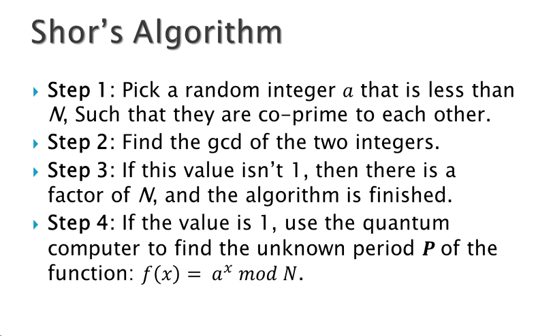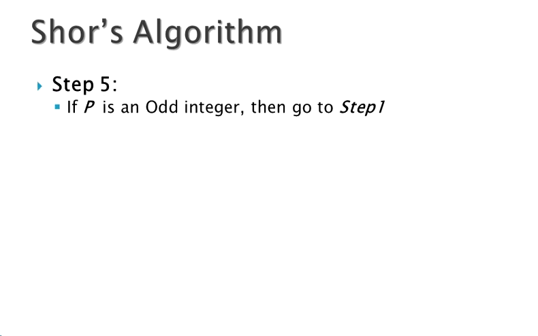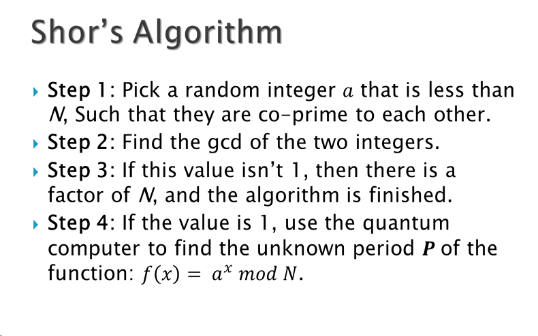we use a quantum computer to find the unknown period p of the given function f(x) = a^x mod n. The fifth step here is that, in the previous function, when you find p, that p may be either even or odd.